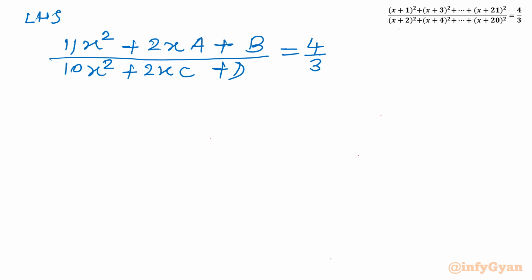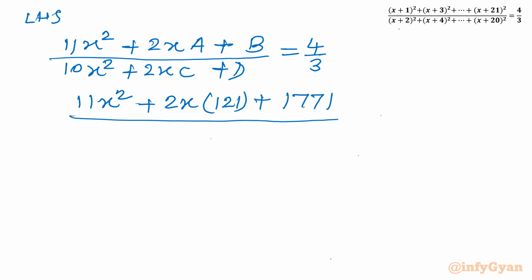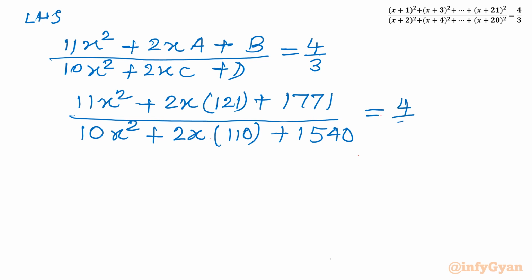So it will become 11x square plus 2x times 121, it was, and B value was 1771, divided by 10x square plus 2x times it was 110 plus this value was 1540. RHS is 4/3. Now I will cross multiply and collect our final quadratic equation.